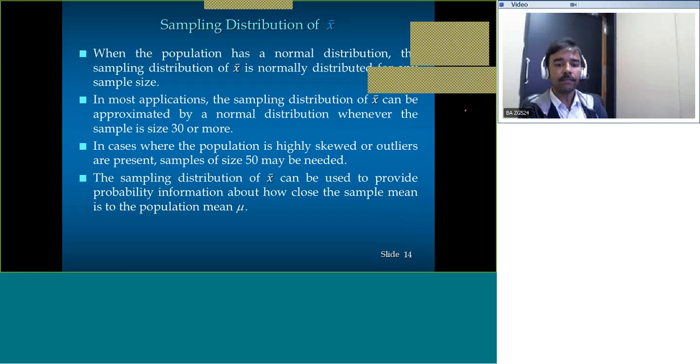But there are some more interesting observations: if the sample size is 30 or more, then the sampling distribution of x bar is approximated by a normal distribution. Have you understood? A large sample size generally means 30 or more.